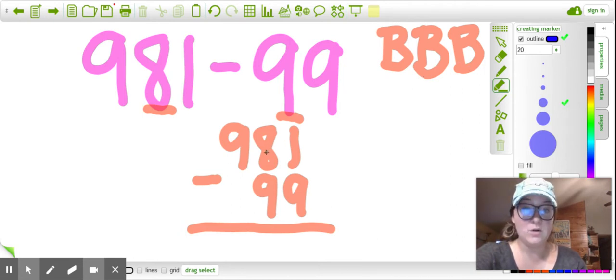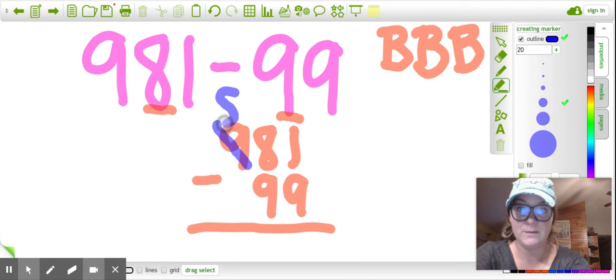We go next door and we look in the tens place. I have 8 minus 9. Uh-oh, campers. Do you see what I see? Is the bottom bigger there too? Yes, it is. So we have to borrow in that tens place as well. We're going to go all the way to that hundreds place and borrow from that 9. I'm going to take 1 away, so 9 becomes 8.